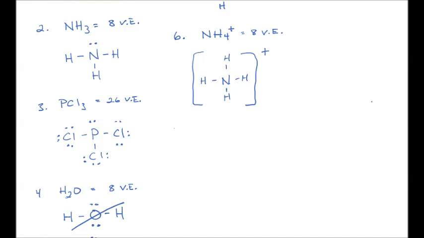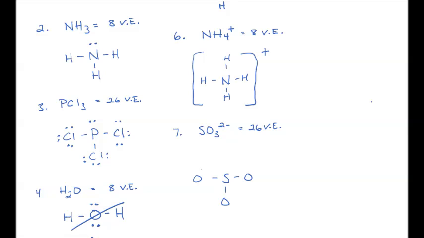Number 7. Now we have SO3 2-. We count up the valence electrons. Sulfur and oxygen are both in group 16, so they have 6. There's 4 of them total for 24, plus the minus 2. We have 26 valence electrons. Sulfur is in the middle. We put our 3 oxygens. That takes care of 6 of the 26.